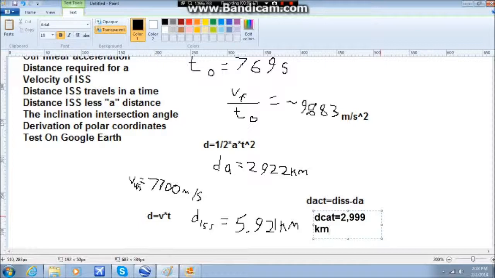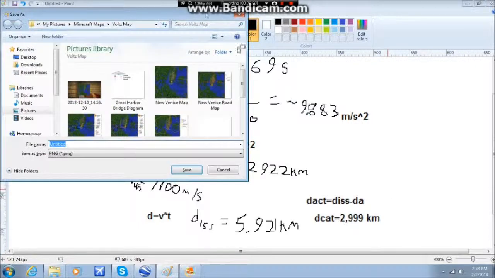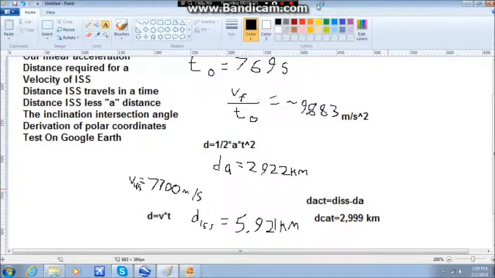This means whenever the launch window is, we take off when the International Space Station is 2,999 arc kilometers from our location.